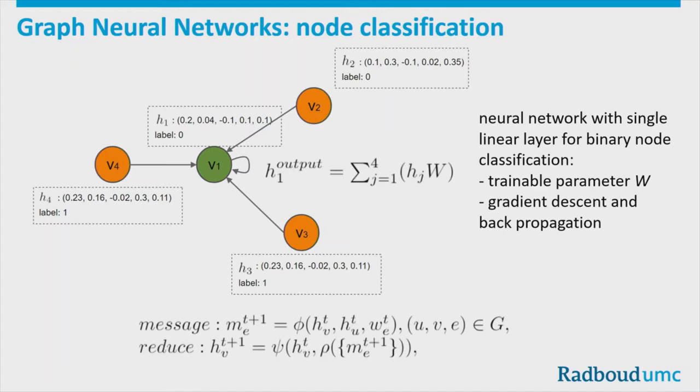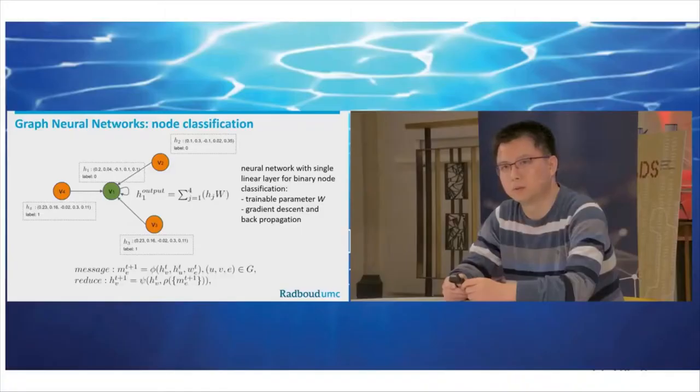And so in the end, after this layer, the embedding output, H1, will be a 2-dimensional vector, which you can then train with binary cross entropy with the ground truth labels. And that's the idea of node classification.